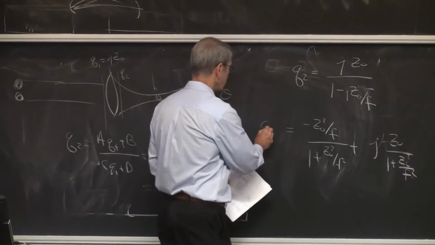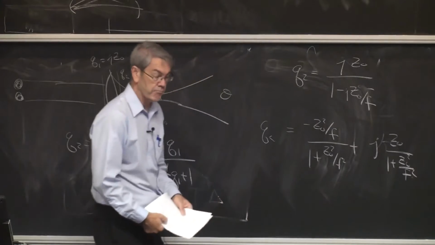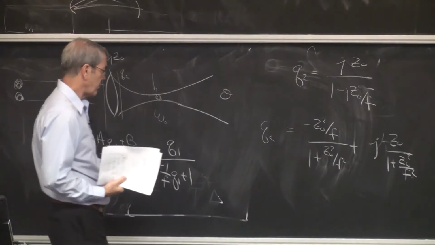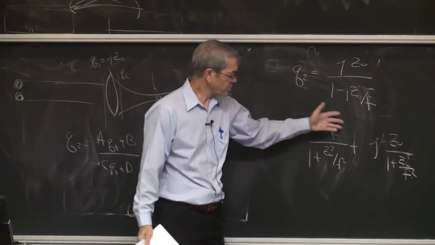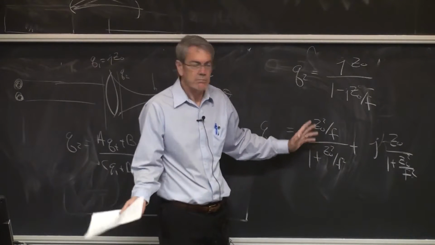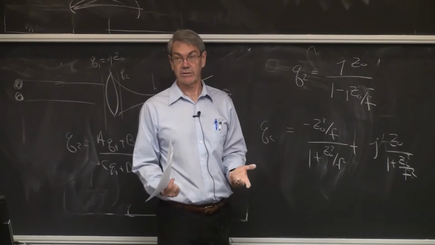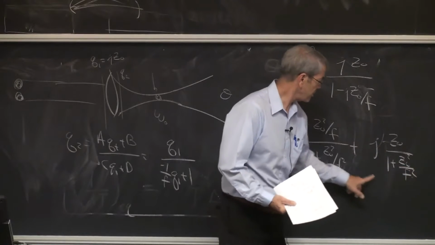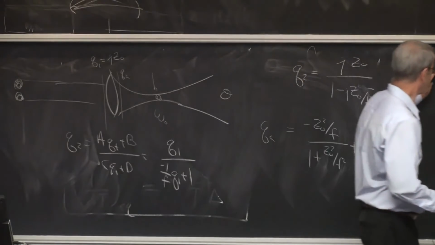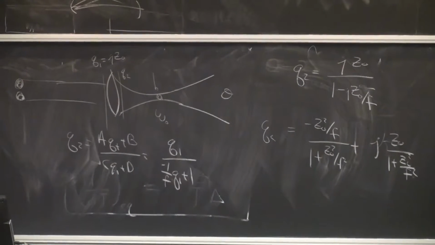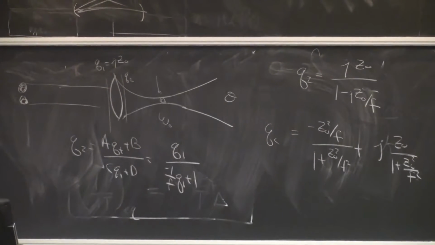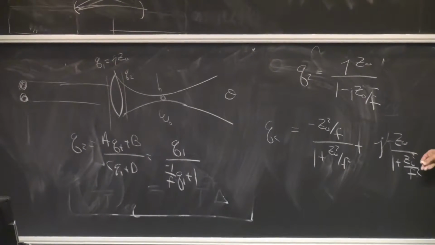Okay, there's my new q2. I'm done. Why am I done? Again, this tells me where the waist is. I don't care. I want to know how big the waist is. So I go to this term here. It took me all of a minute and a half to calculate that. This is my new waist.